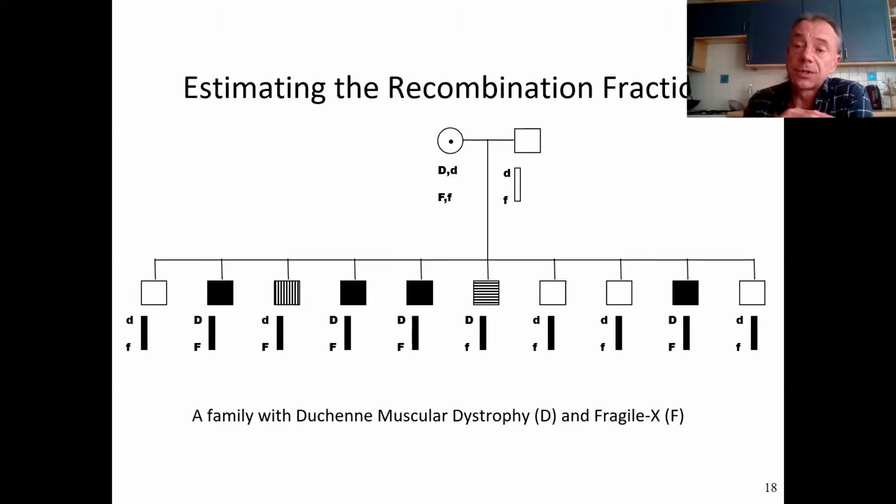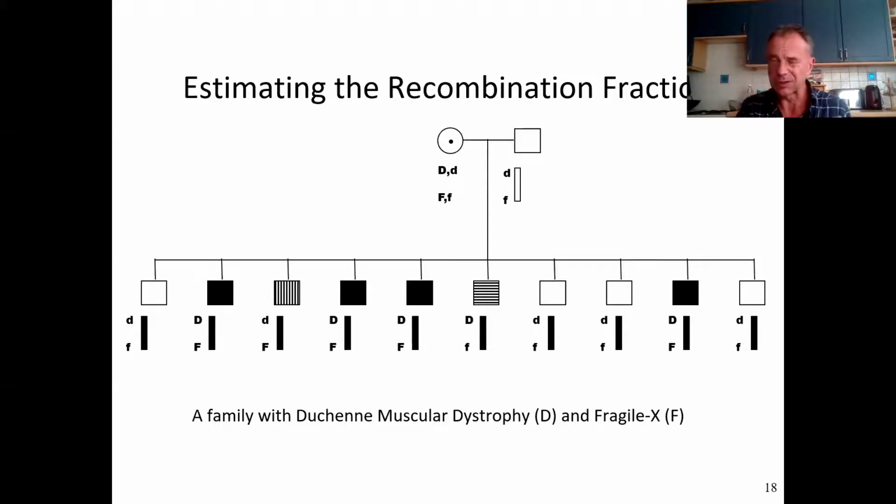And females, because it's recessive, will have two X chromosomes, one carrying the disease mutation and one not. And because they've got a normal X chromosome, they will be fine and they will not have the disease. So these are two recessive X-linked diseases called Duchenne muscular dystrophy and Fragile X. And this is theoretical, but you have these two different diseases.